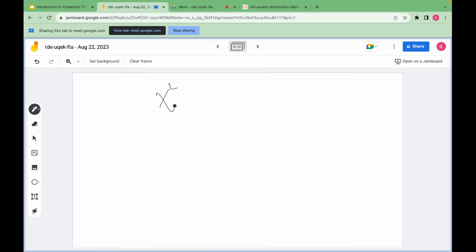So there are a total of 5 observations. So we are looking for chi-square for degree of freedom 4 and alpha 0.05. This value comes out to be 9.488.